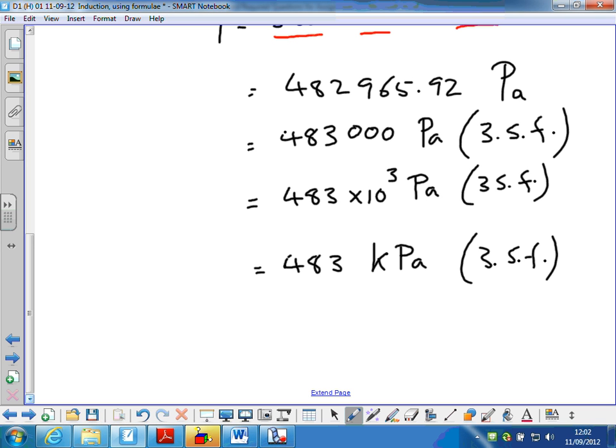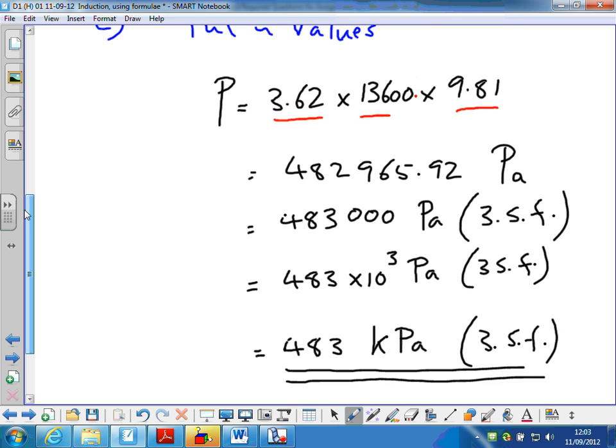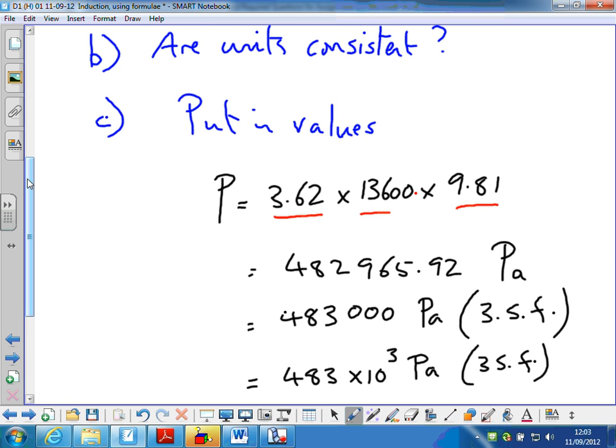Okay, so that's why we tend to use engineering notation, because that fits in with these prefixes. That would be an excellent answer to give to your boss in an engineering works. What's the pressure I'm going to get if I go down to a depth of 3.62 meters in this column of mercury?